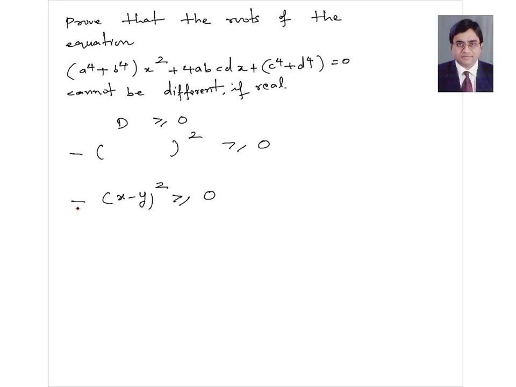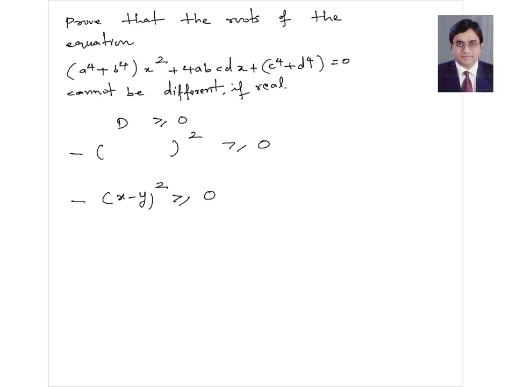There is a minus sign outside. So minus multiplied to something which can never be negative can never be more than 0. Isn't it?